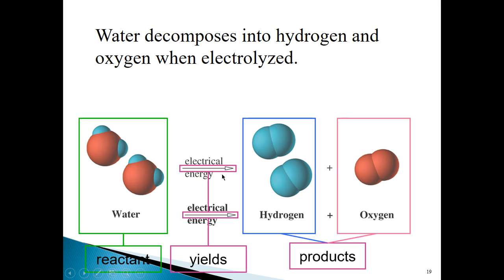Now, sometimes you might have some other information that is printed above or below the arrow to indicate the conditions of the reaction. So for example, in this case, we see electrical energy. Basically, what this is telling you is that an electric current is needed to split up water into its constituent elements, hydrogen and oxygen.